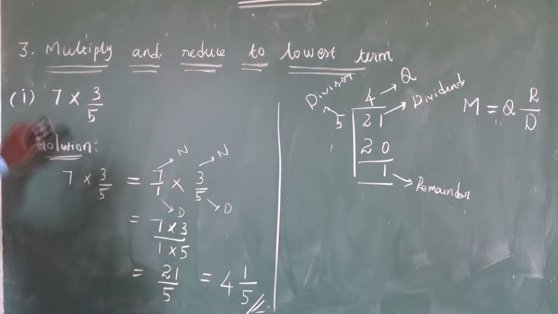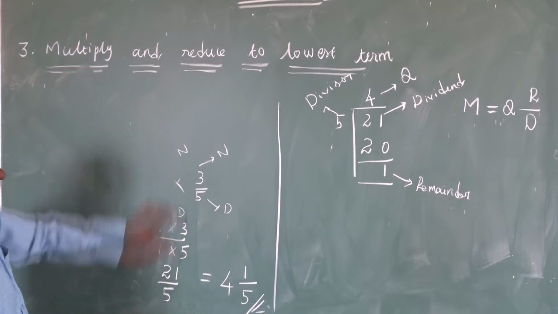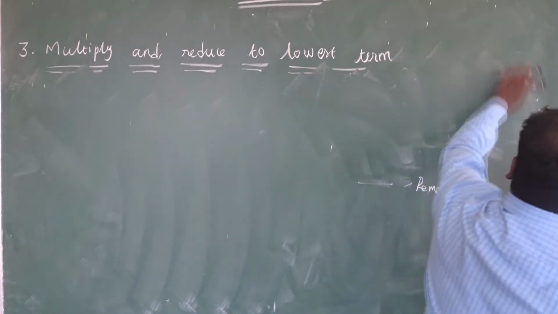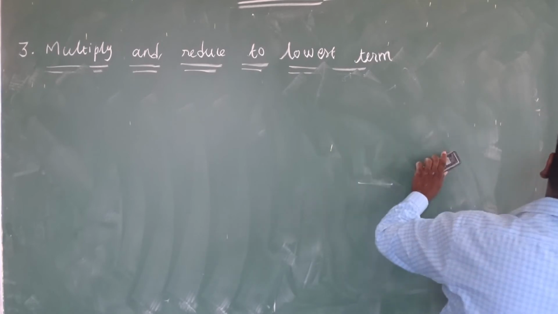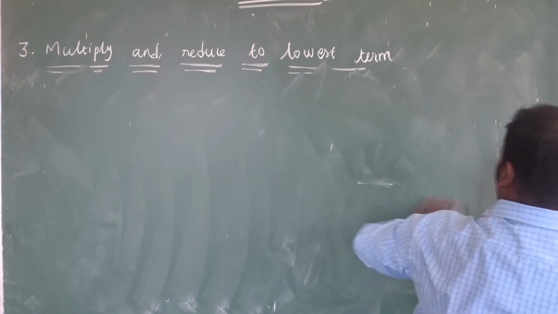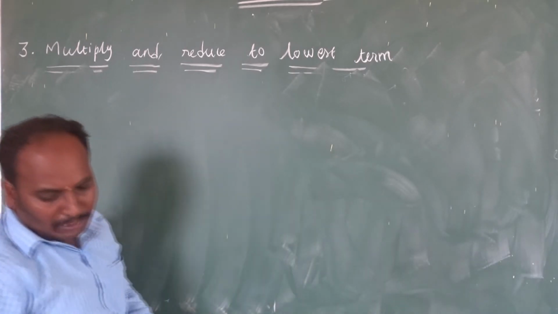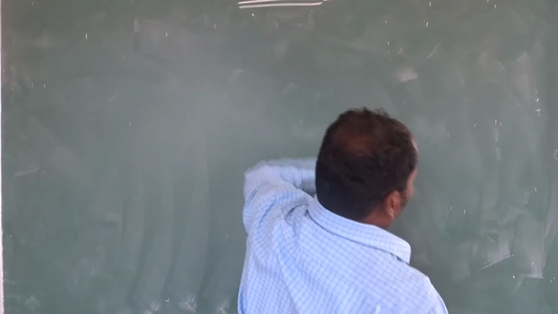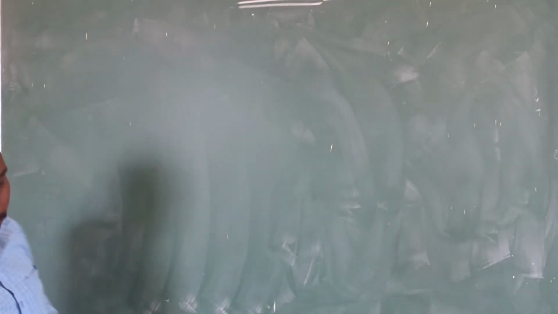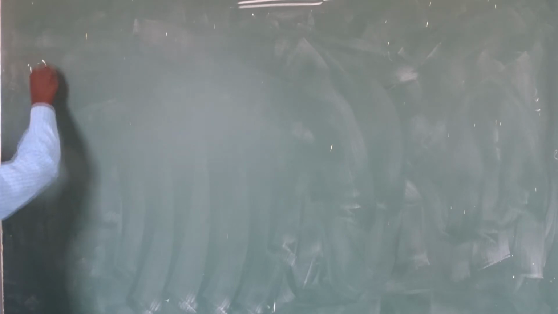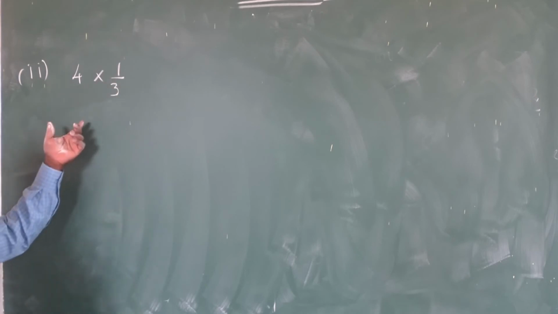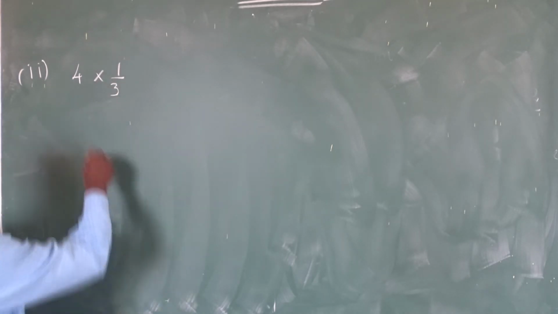The next one. Second part: 4 into 1 by 3. 4 is a whole number and 1 by 3 is a fraction.